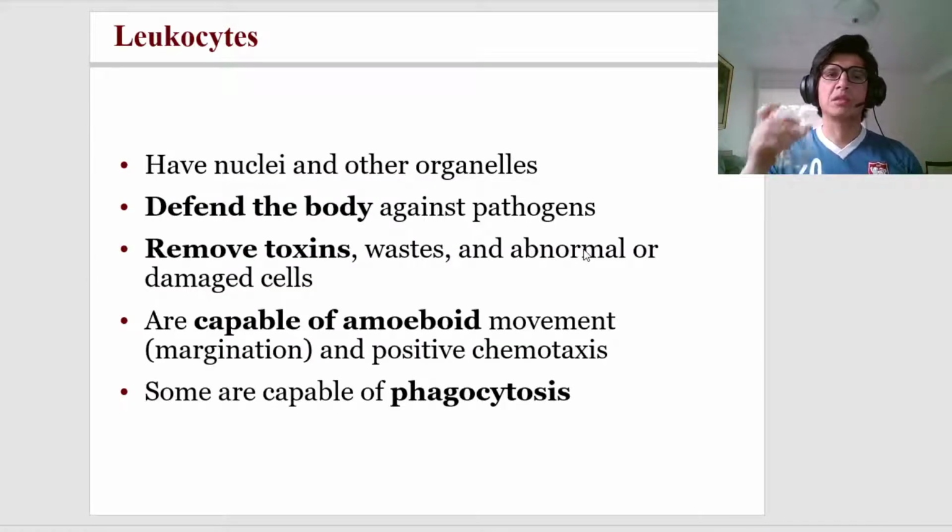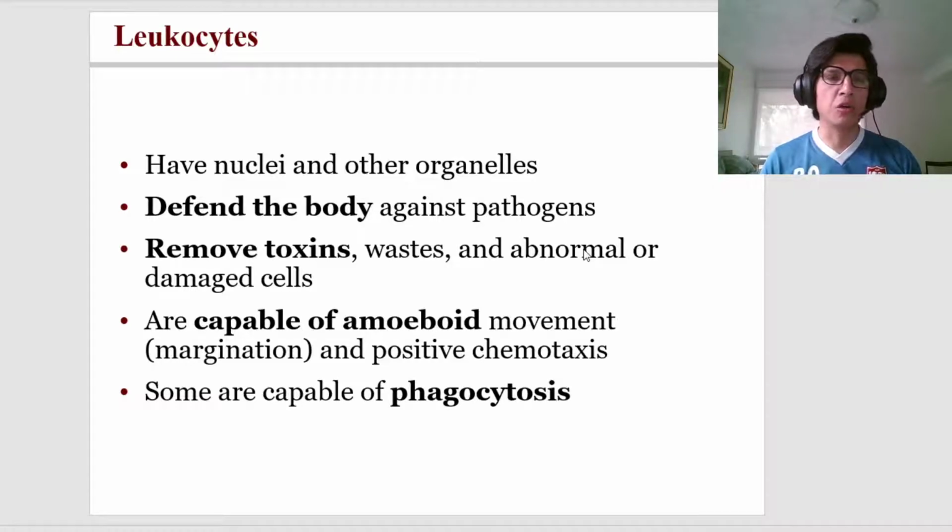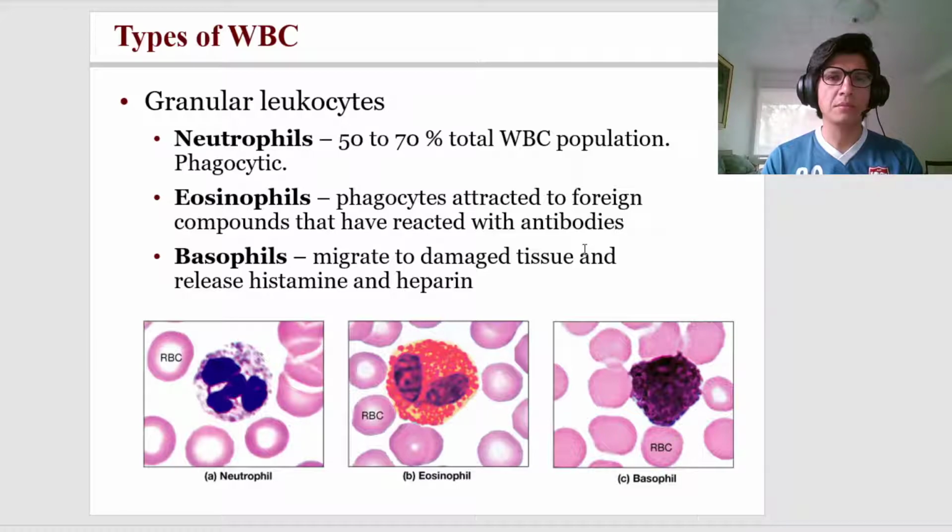Let's talk about white blood cells, aka leukocytes. So that is a synonym for them. These are the roles of leukocytes: defend the body, remove toxins, and they do so through phagocytosis. We mentioned the granular leukocytes: neutrophils, eosinophils, and basophils.